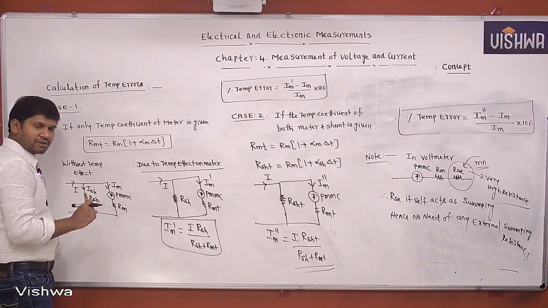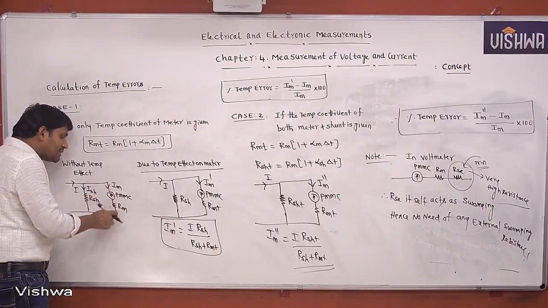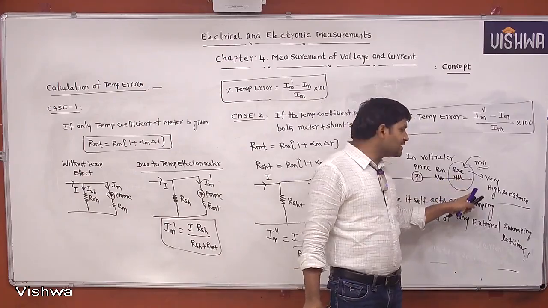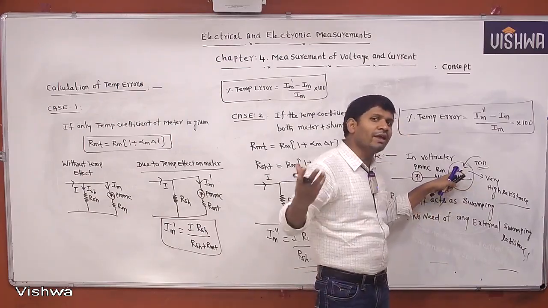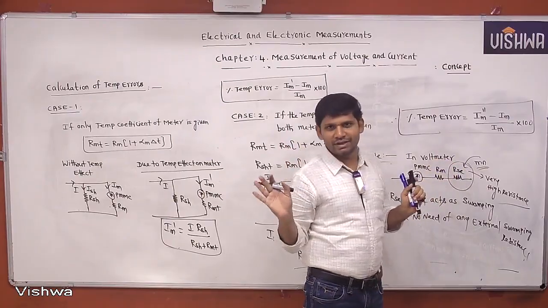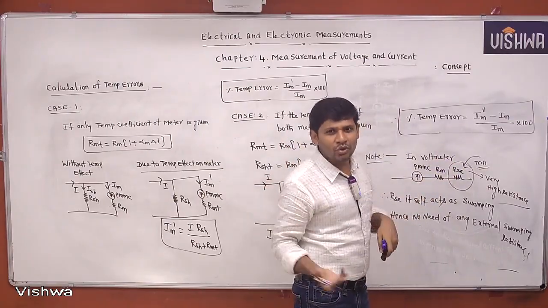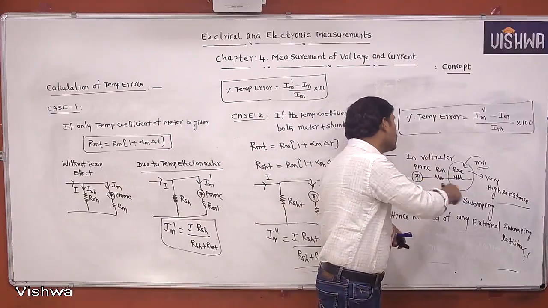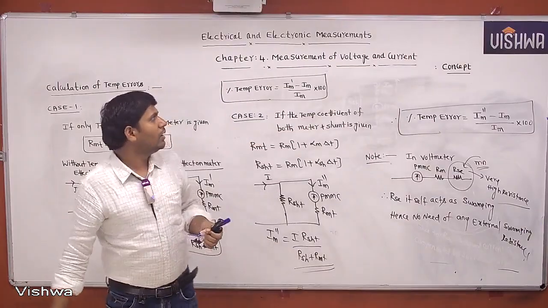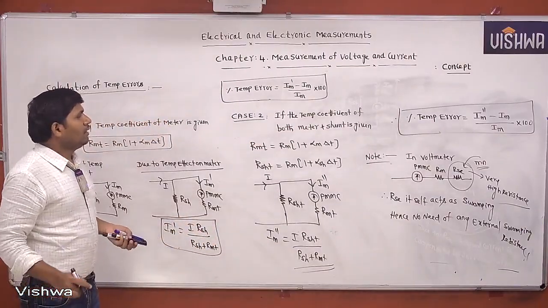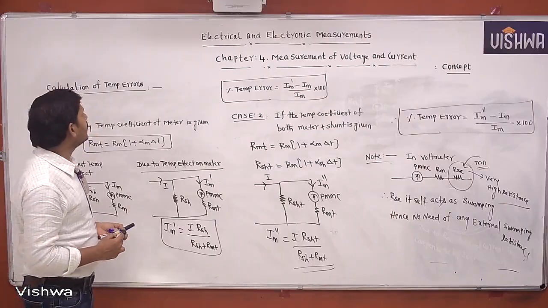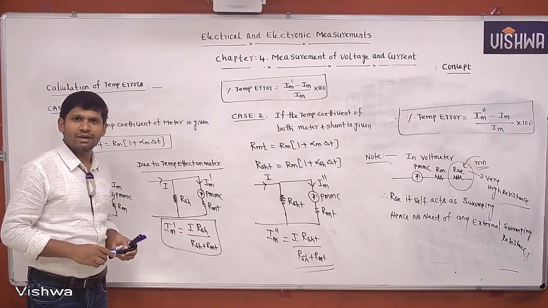That is a swamping resistance, manganin resistance. There is no manganin resistance in series with the meter here. But in the case of a voltmeter, there is already a manganin resistance. The series resistance is a very high resistance. It takes care of temperature errors. That's the reason why there is no need of any swamping resistance. Clear? Okay, this is about the effect of temperature error in the meter, and how to reduce the temperature errors. Clear? Concentrate.